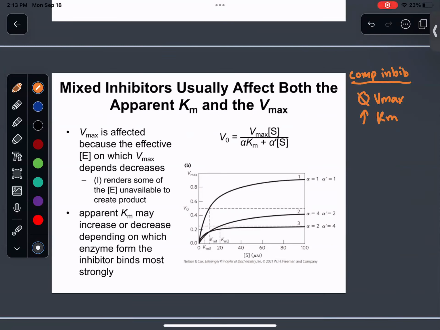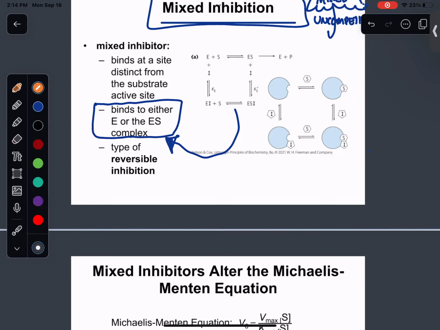So, like I said, depending on which route the inhibitor prefers. Remember we talked up here about the different routes the inhibitor can take? It can either go this way, or it can go this way. So one of these ways, when you bind right to the enzyme, this would be more representative of the competitive type of route.